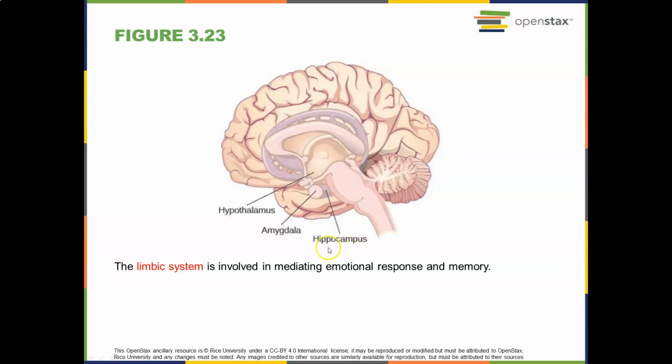First of all, the hippocampus right here, even though it's very small, is the part of the brain that is known for processing memory. So if one experiences damage to that part of the brain, then one may have problems developing new memories. So the hippocampus has to do with memory.